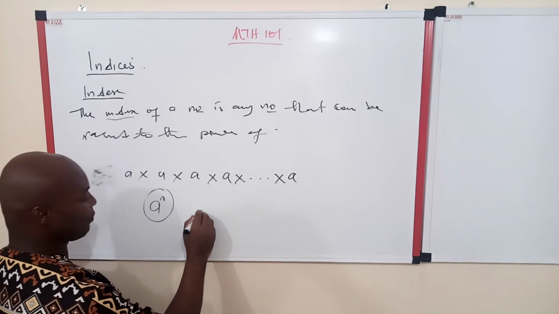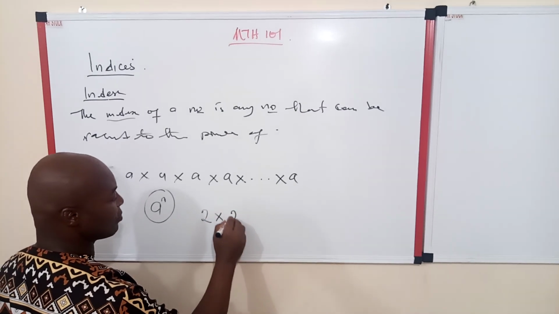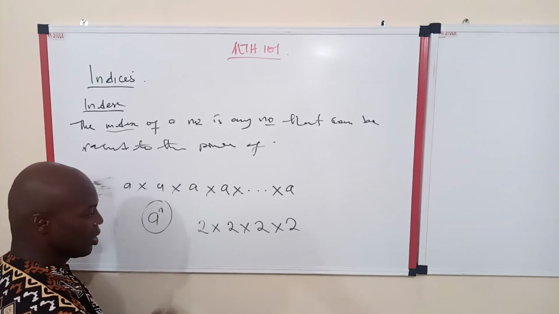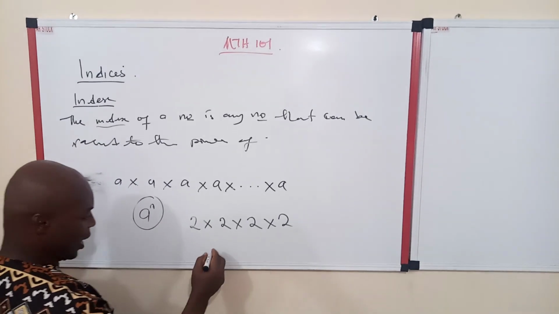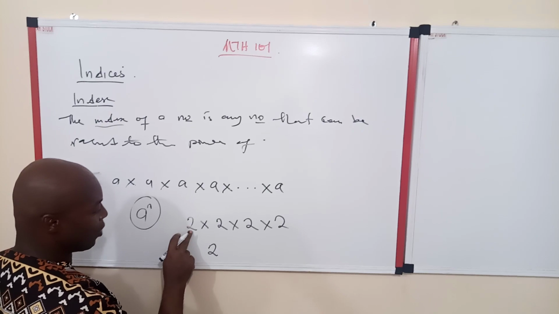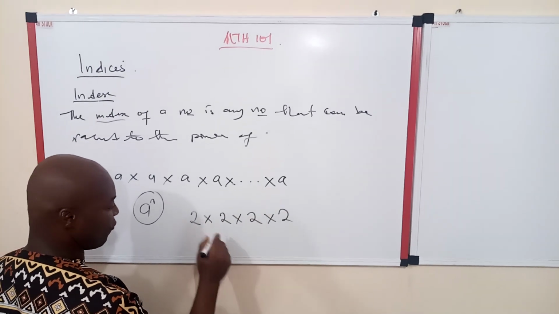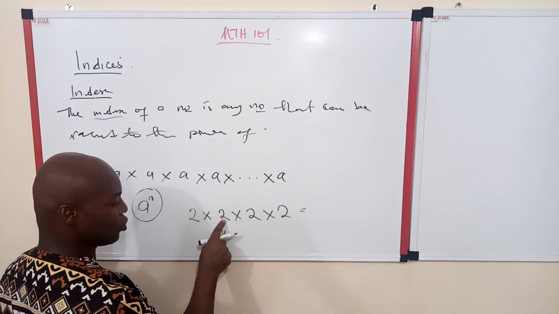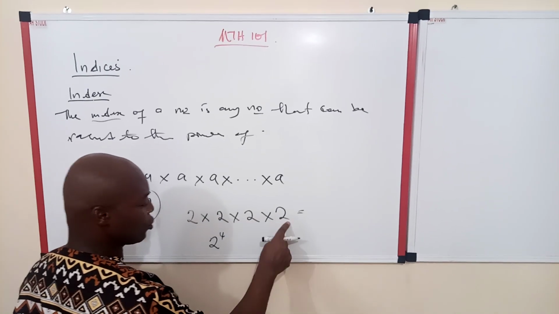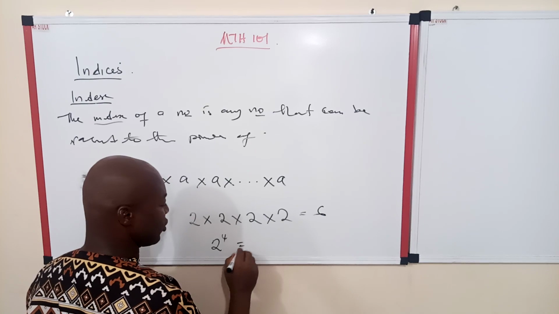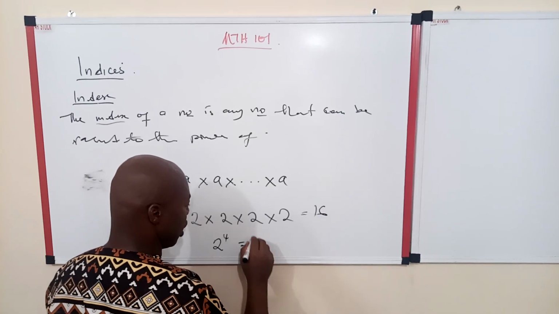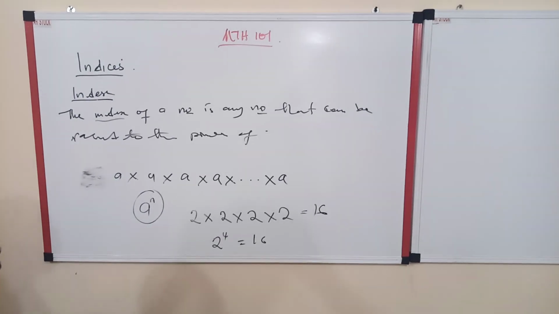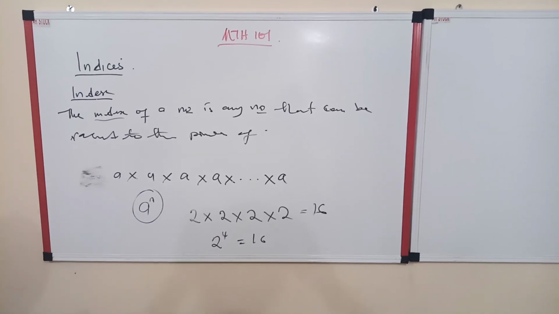If I am to write 2 times 2 times 2 times 2 in index form, I can just write 2 raised to power 4. If you determine the answer, 2 times 2 gives 4, times 2 gives 8, times 2 gives 16. The resulting answer here is also 16. It's a compact way of writing some mathematical expressions.